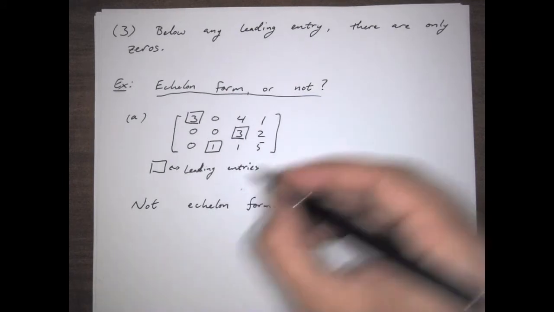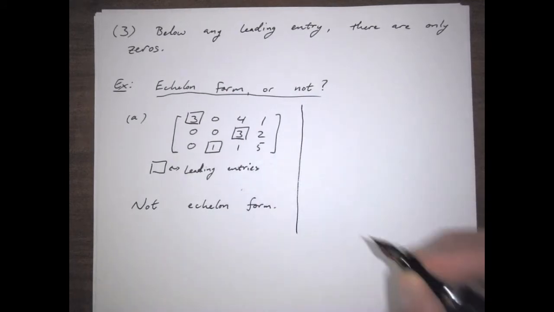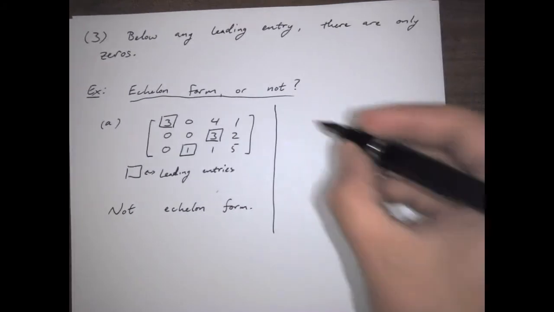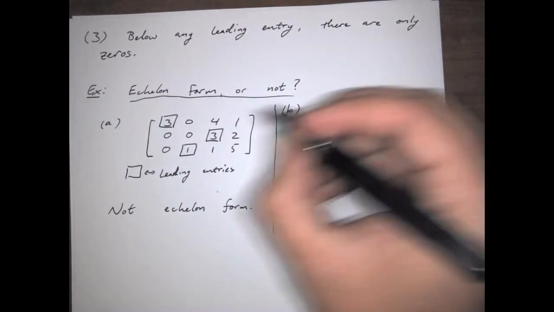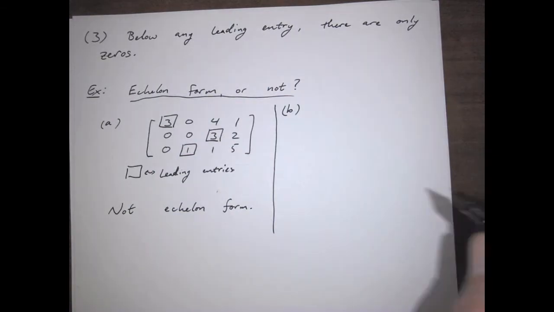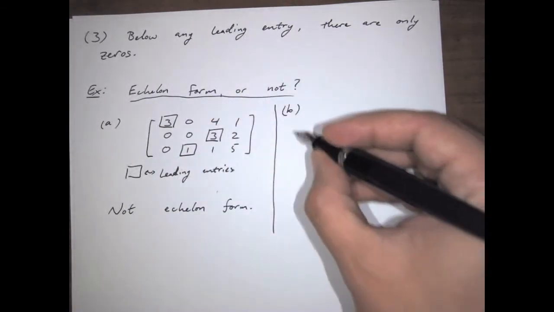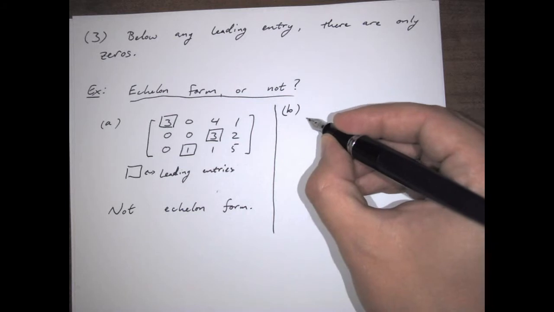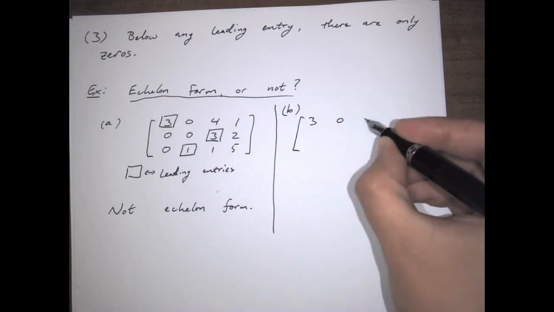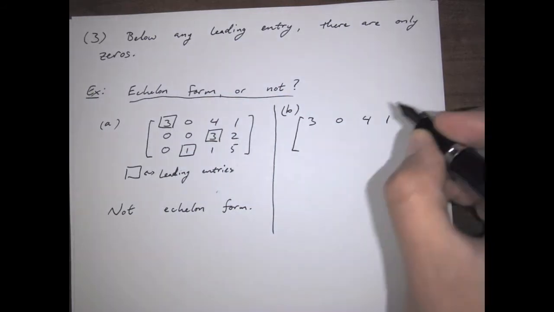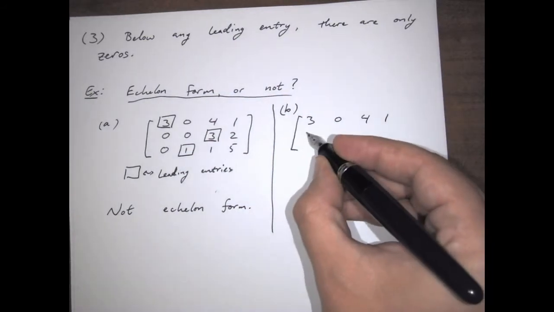Alright. How about another example? Let's take B, which is the same matrix, but with the second two rows switched. So let's say we had same matrix, 3, 0, 4, 1, except now we're going to switch the order of the last two rows.